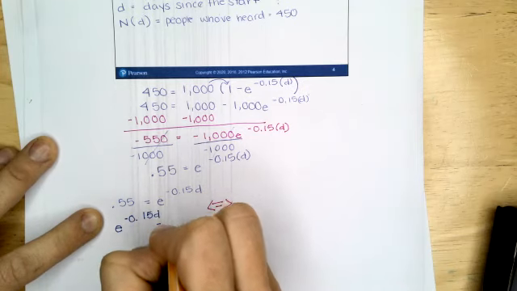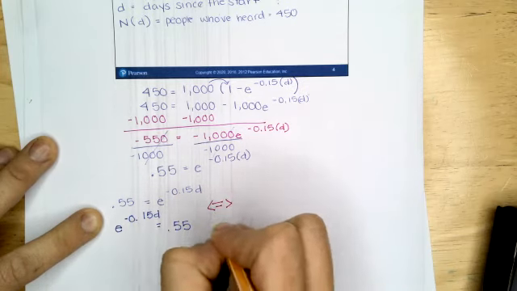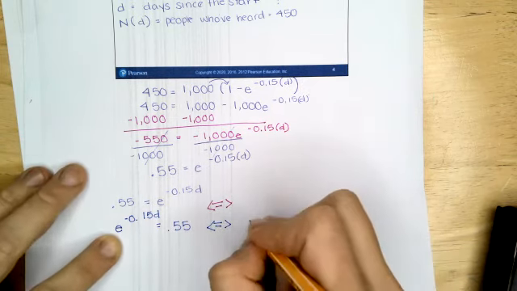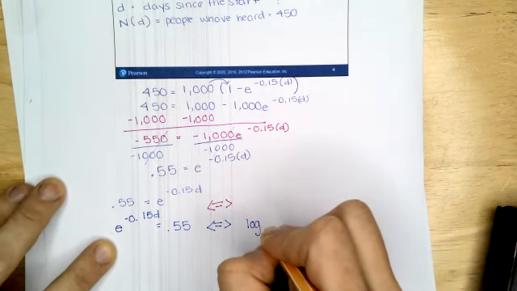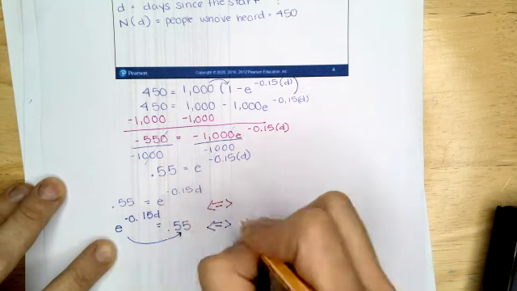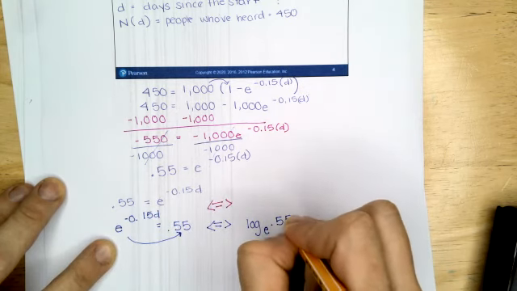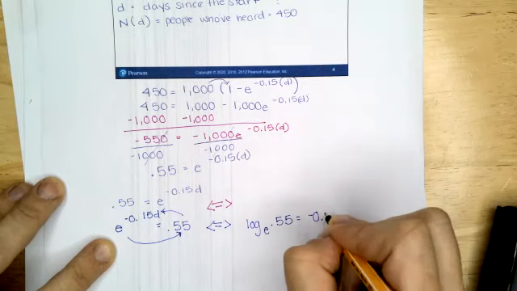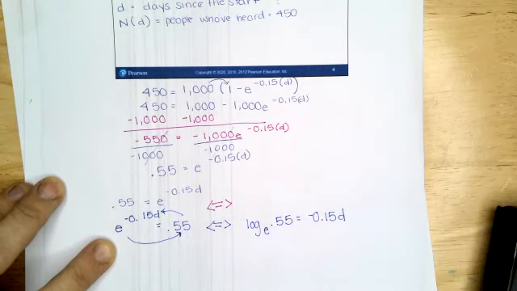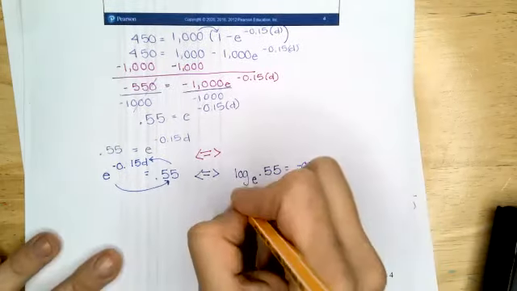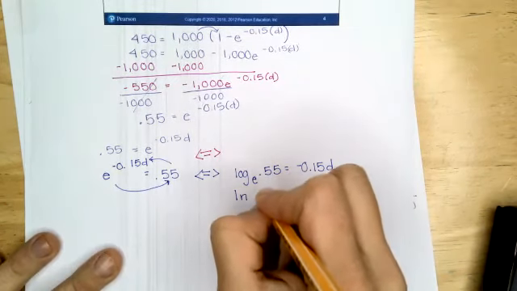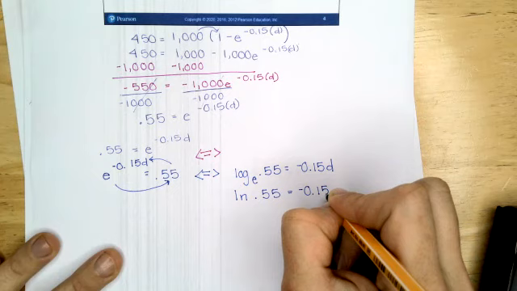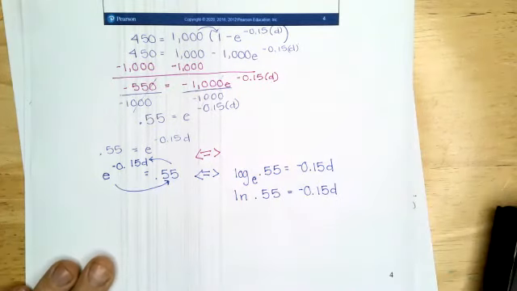So I'm going to flip it around. Begin with my base. So that's log base e of 0.55 equals negative 0.15 d. Good. Log of e becomes the natural log of 0.55 equals negative 0.15 d.